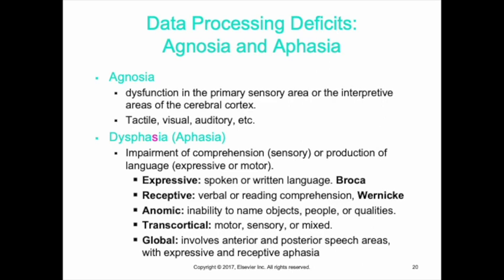And global aphasia is the most severe type of aphasia for obvious reasons, because you are losing both expressive and receptive ability for communication. So you have both expressive and receptive aphasia with global aphasia.